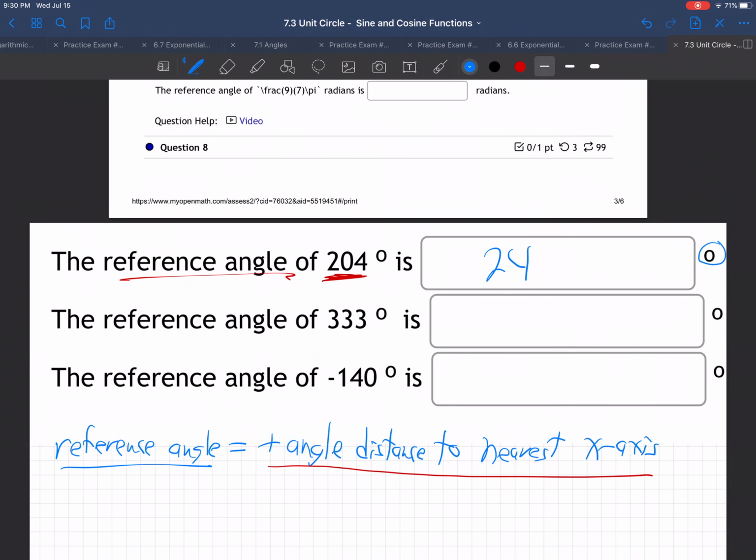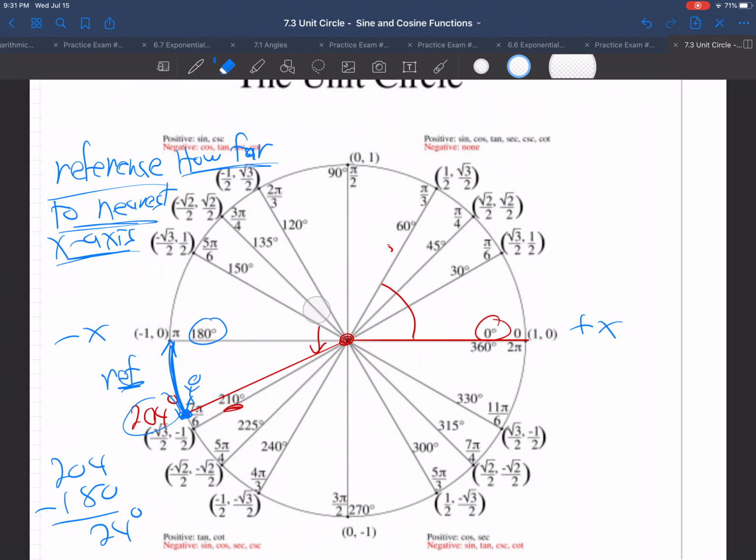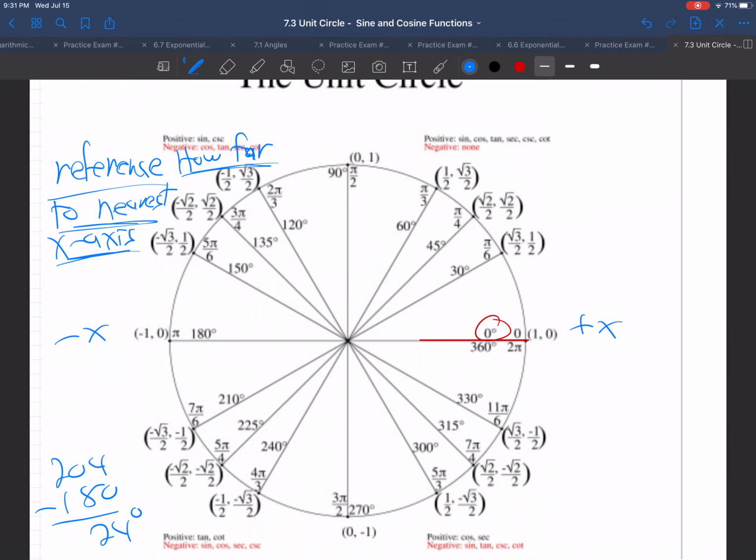Let's try 333 now. 333 degrees. So let's undo what we've got here and do 333 degrees. It looks like it's just a little bit past that spot.